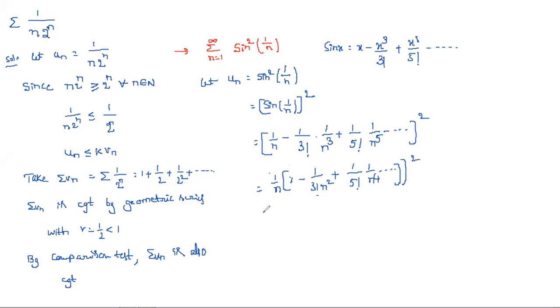So a b whole square is simply 1 by n square into 1 minus 1 by 3 factorial n square plus 1 by 5 factorial n power 4 minus and so on, whole square.